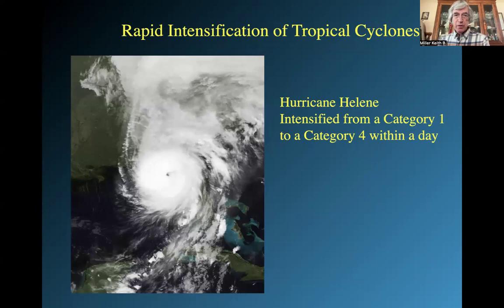This was an example of Hurricane Helene from fairly recently. It went from a Category 1 storm to a Category 4 hurricane within 24 hours, which is a very rapid intensification.